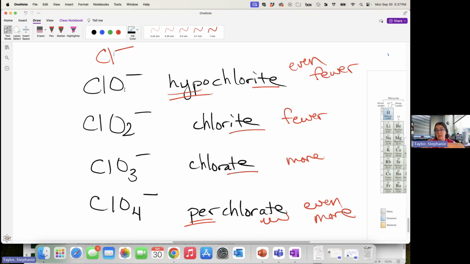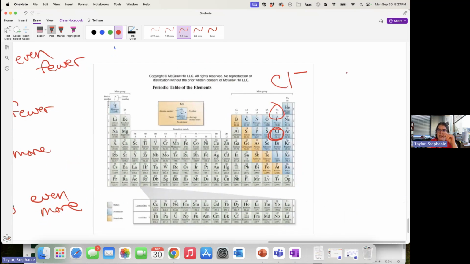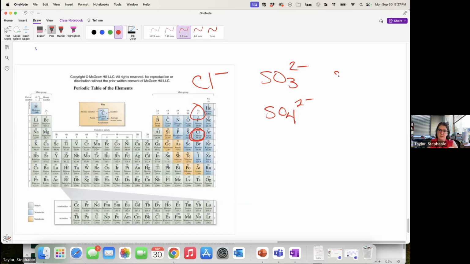So I look for things that can help me. I look for things to hang stuff on. So in a similar way, I can have the sulfates. So this is sulfite. This is sulfate.